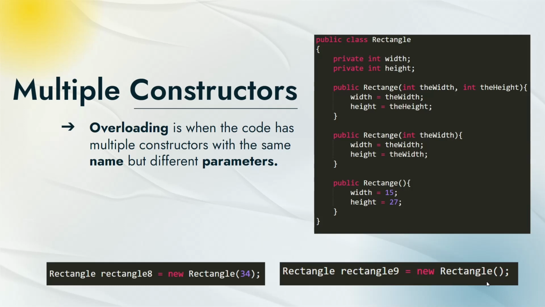So when there are no parameters where I create the object, it can just have default values, which is 15 width and height 27. Although you can do this, I don't see a point in doing this, because usually you wouldn't. If you wanted to create a random rectangle, for example, you would generate a random number, which we'll be learning how to do very soon.